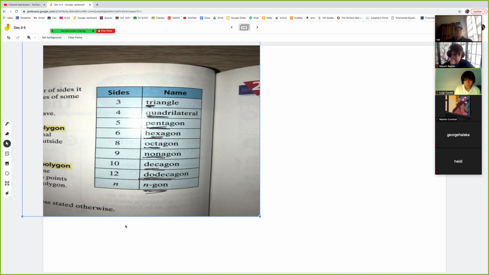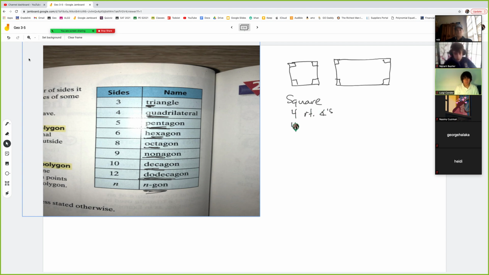Different polygons. Polygons are different from other shapes like rectangles and squares because they do not have right angles. For example, a square is a rectangle, but a rectangle is not a square. A square has 4 right angles and 4 equal sides.